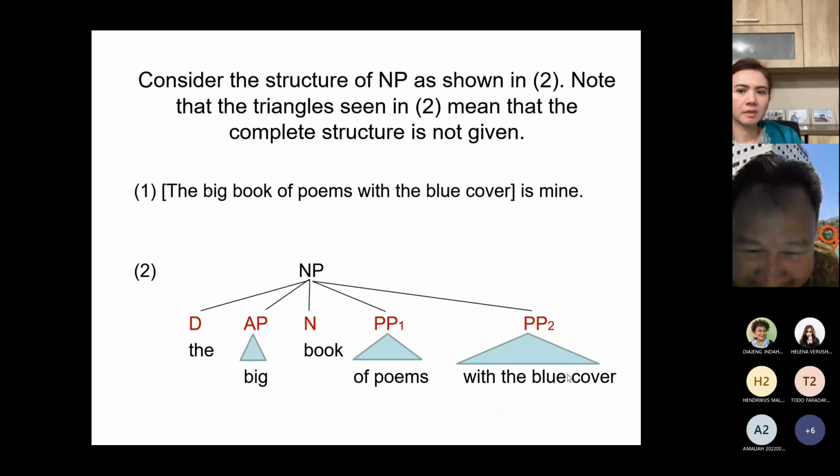By the way, the triangle means I'm not concerned with that structure anymore because I don't have space here. But if you want to draw the complete structure, I think you can do that, right?